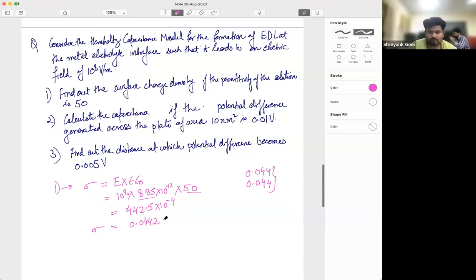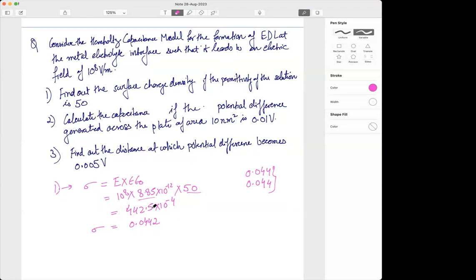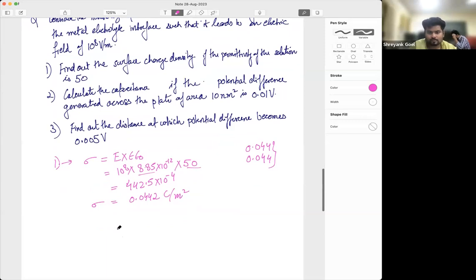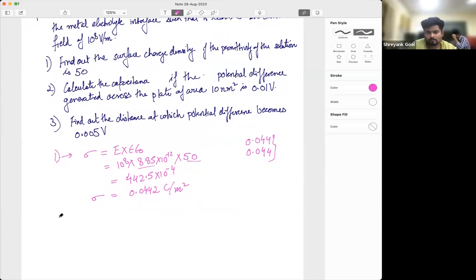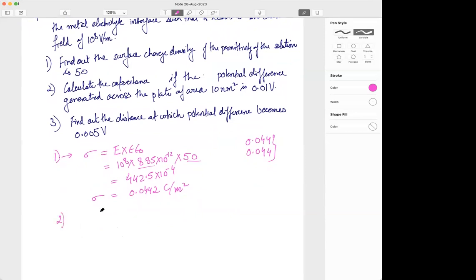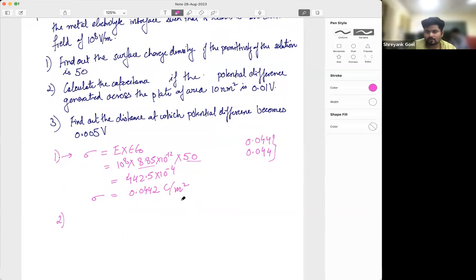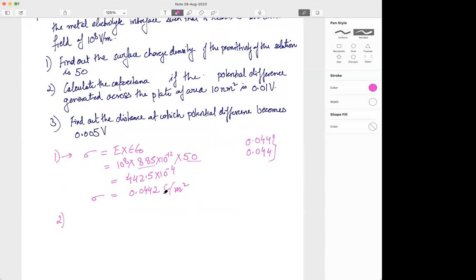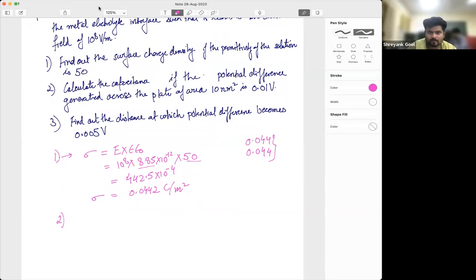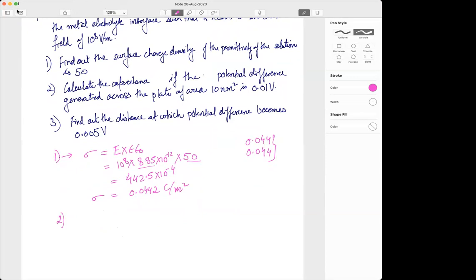Okay, no issues. So sigma comes out to be this. And what's the unit? Sir, the unit is coulomb per meter square. Yeah, what is the second? Have you tried the second? No, sir.